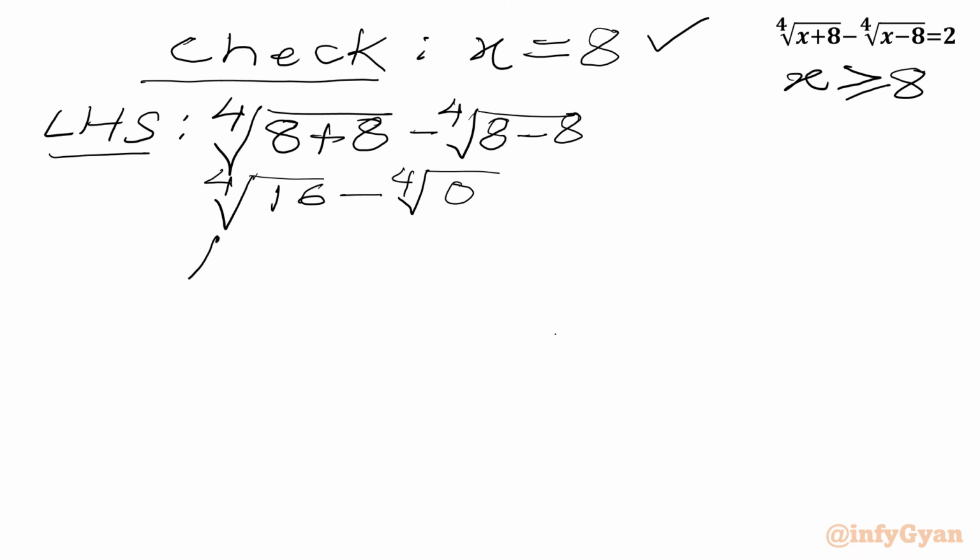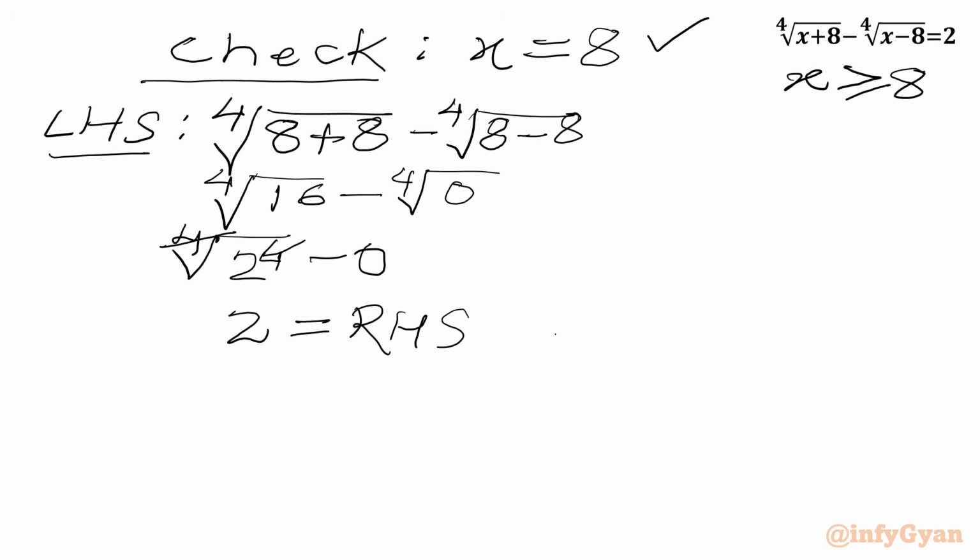Fourth root of 16 can be written as 2 power 4. Fourth root of 0 is 0. We'll cancel the fourth root with power 4. We'll be getting 2. And 2 is our right hand side. LHS equal to RHS. Hence our solution x equal to 8 is a true solution.